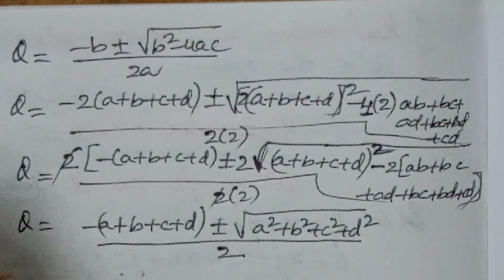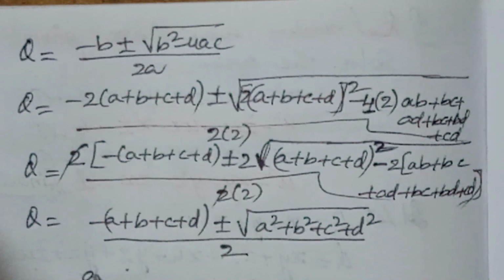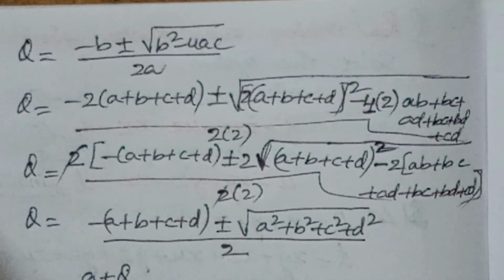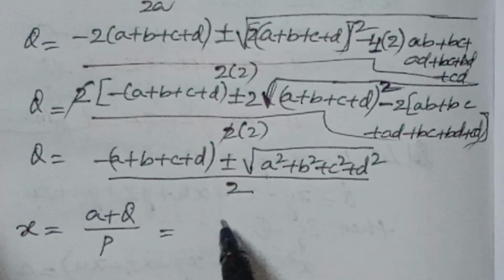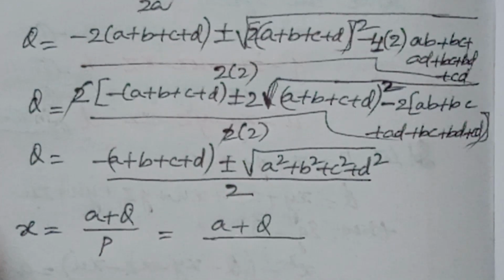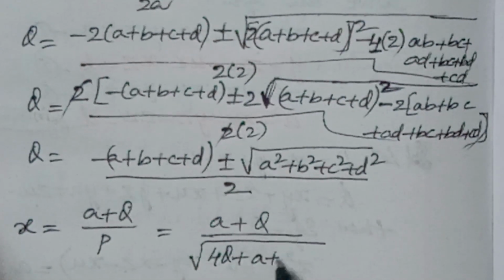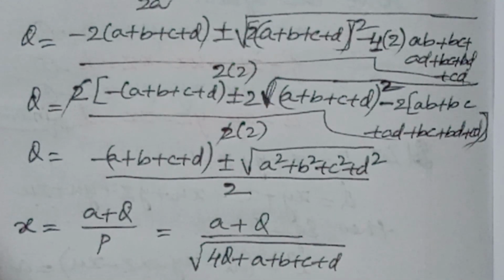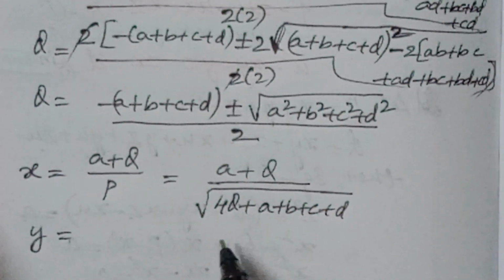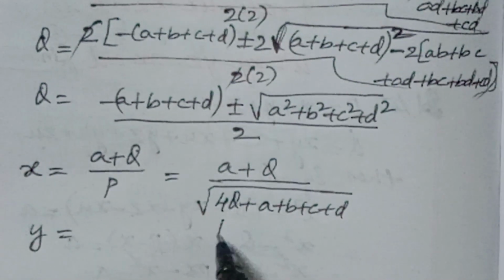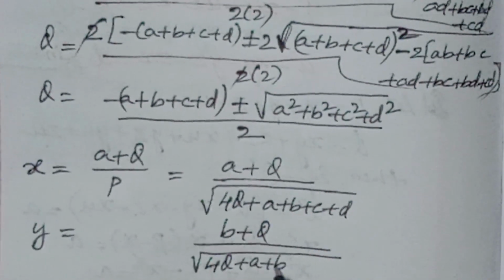Now if you want the x value, it is (a plus q) by p, in terms of a, b, c, d. So x is (a plus q) by the root of (4q plus a plus b plus c plus d).